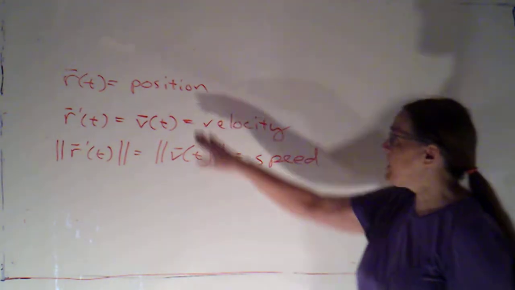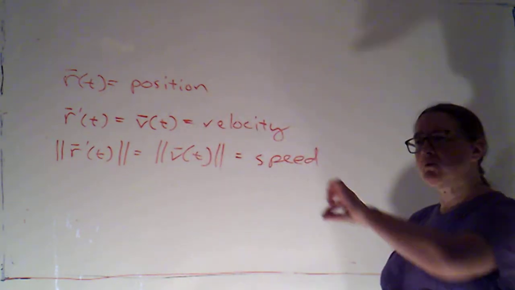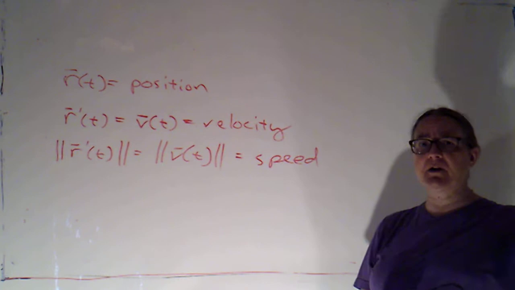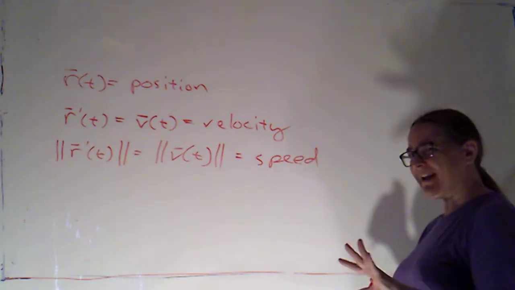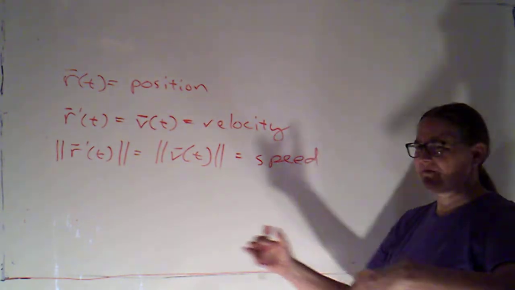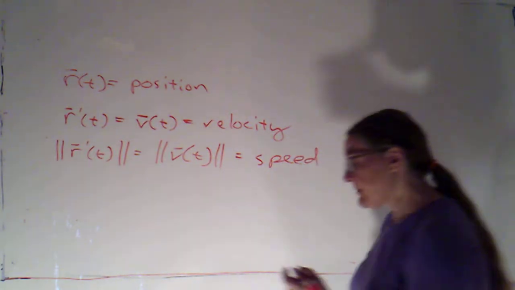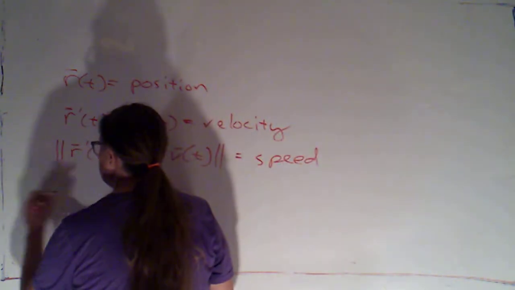There may be times when I really want to focus just on the direction in which something is changing. If I'm talking about a position function, then I usually do care how fast it's moving. But if I'm just trying to study the geometric properties of a curve, I might care just about the direction in which it's changing rather than how fast we're moving along that curve. In that case, I might want what's called T of t.